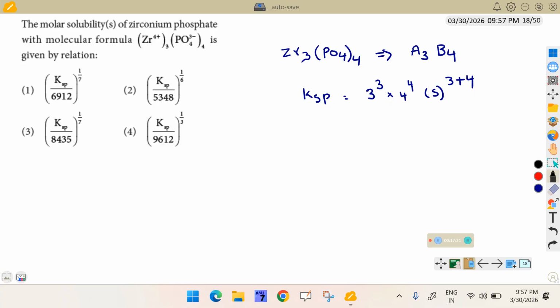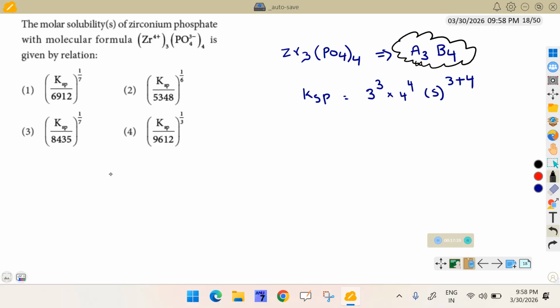The molar solubility of zirconium phosphate, with molecular formula Zr3(PO4)4, is given by the relation. Zirconium phosphate is an example of an A3B4 type of molecule.